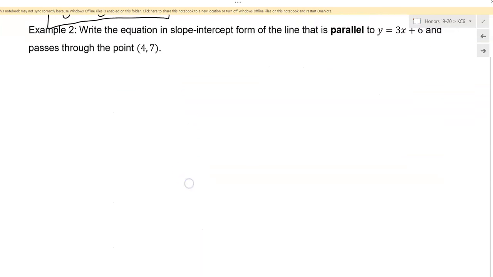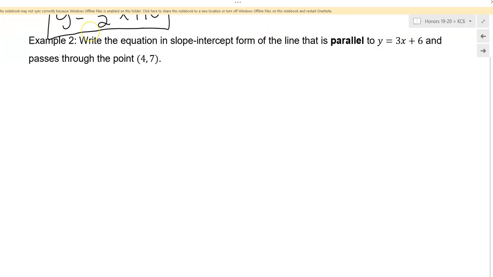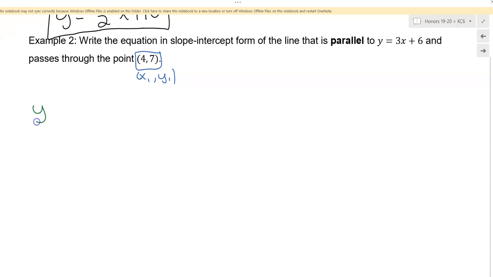Write the equation in slope-intercept form of the line that is parallel to y equals 3x plus 6 and passes through the point 4, 7. So again, here we have our x1, y1. We don't have our slope, right? And that's important for our point slope form.